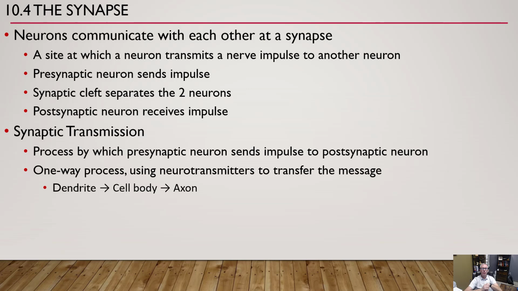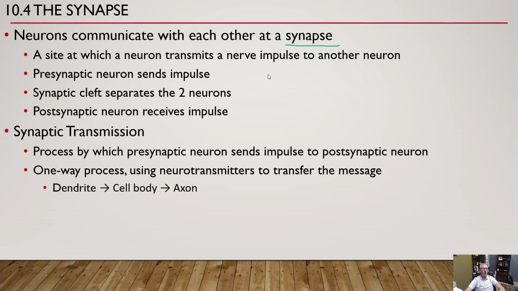All right, so we've already talked about the synapse when we talked about the myoneural junction or the neuromuscular junction. Nerves can communicate with each other at a synapse. When we're talking about two nerves, we have what's called a presynaptic neuron and a postsynaptic neuron.